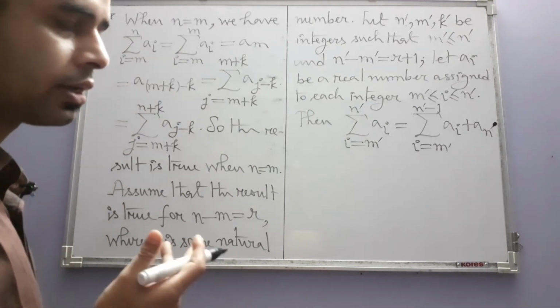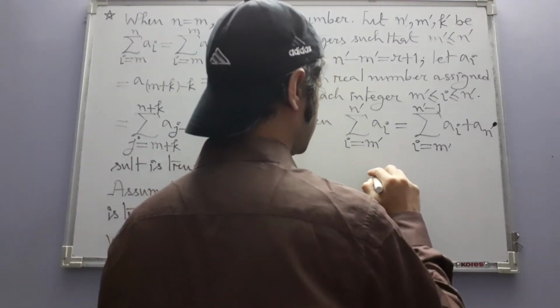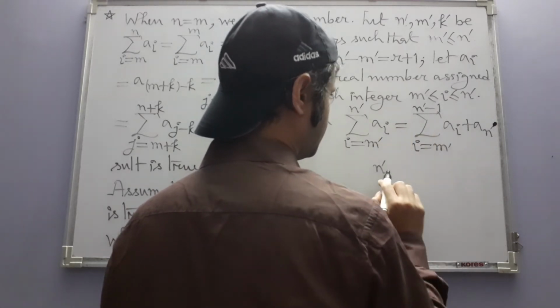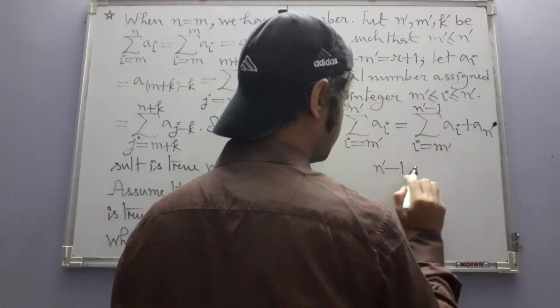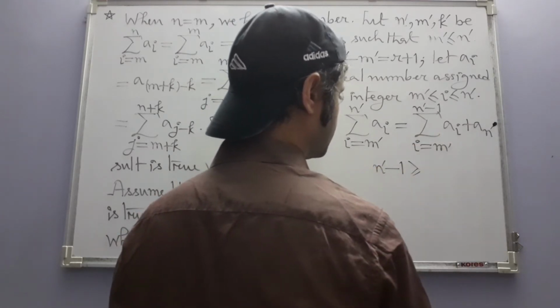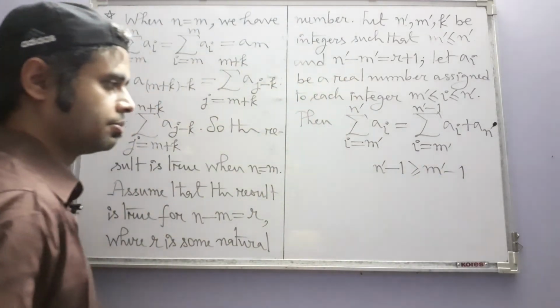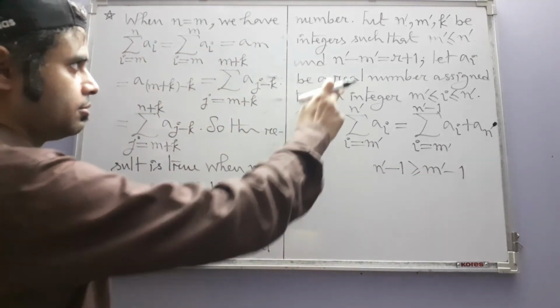Again that question arises, can we really do this? Let us see. For us to be able to do this, n prime minus 1 should be greater than or equal to m prime minus 1, which is true because n prime is greater than or equal to m prime.